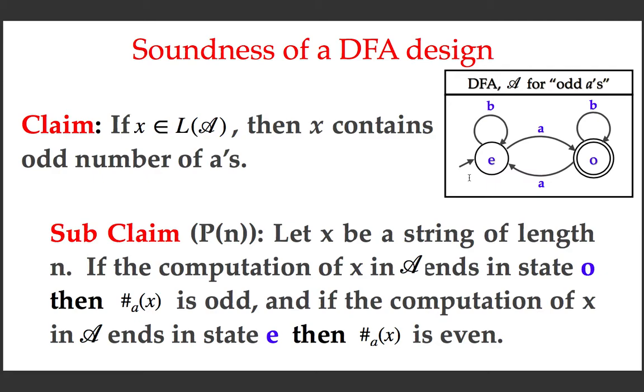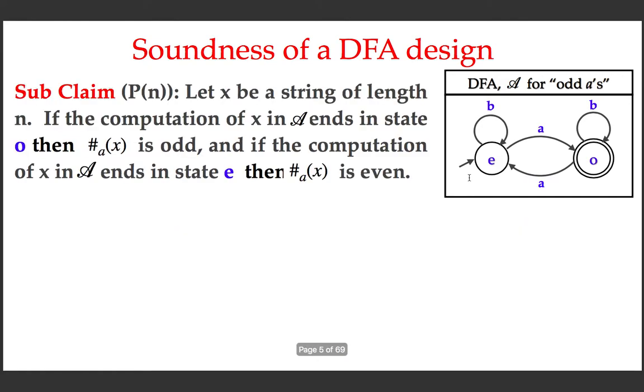And that is the claim. Let us try to use the principle of mathematical induction to prove this claim. Please don't confuse the last statement, which tells that if the processing of the input ends in the state O, then there are an odd number of A's in the input string. And if it terminates in state E, then there are an even number of A's in the input string.